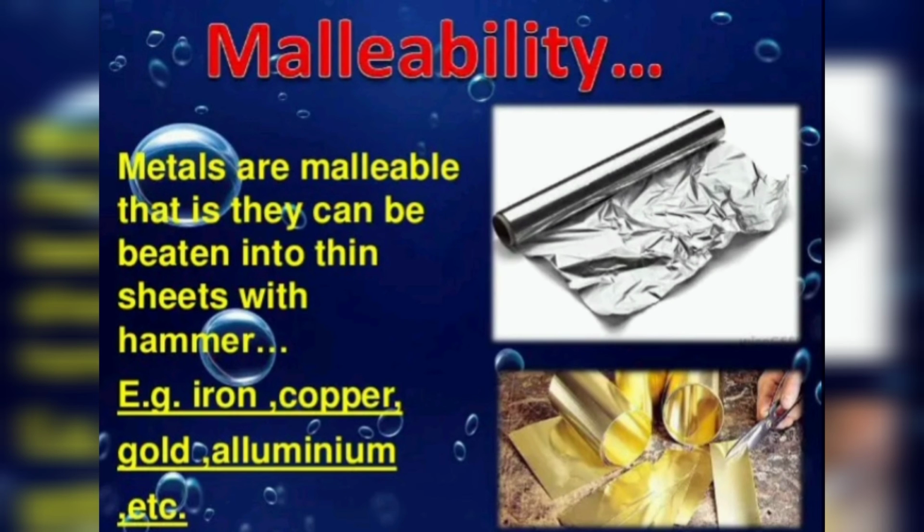Metals like gold, silver, aluminium show both malleable and ductile properties.